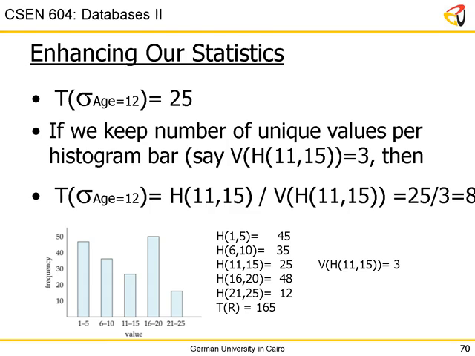Now, obviously, there is something here. What if in the 25 rows or 25 values we had 20 11s, 1 12, and 4 15s?